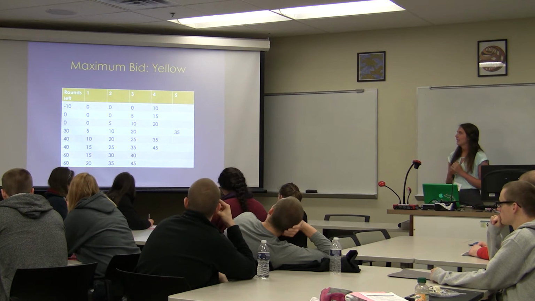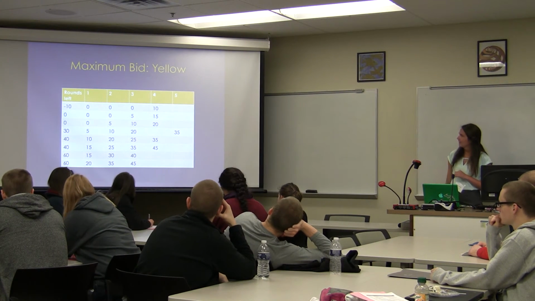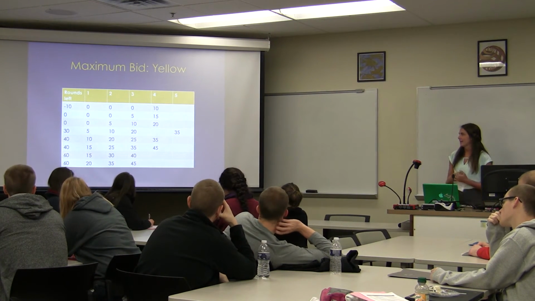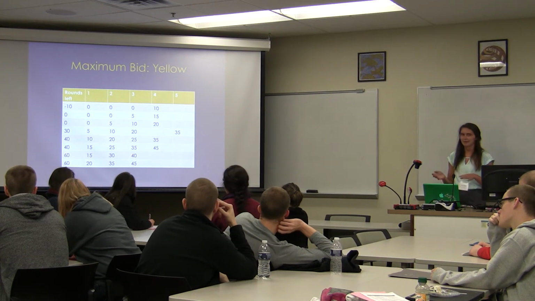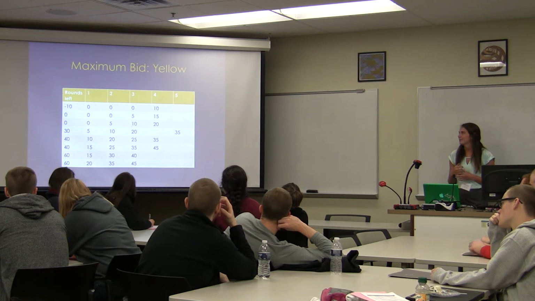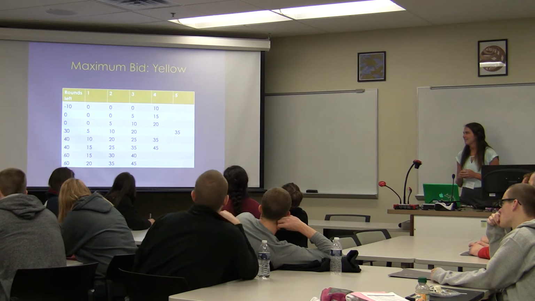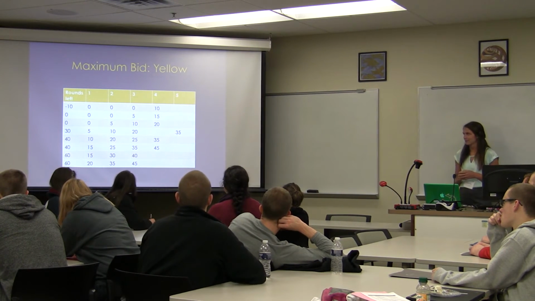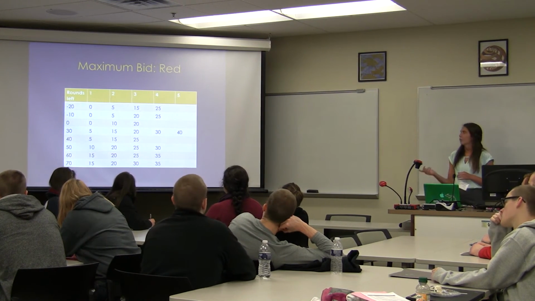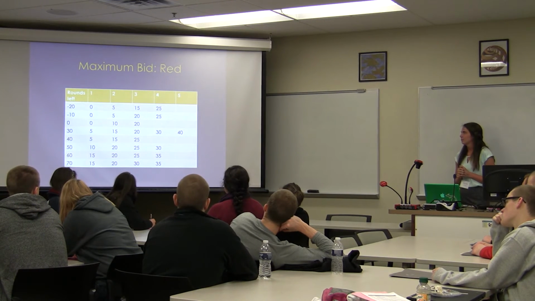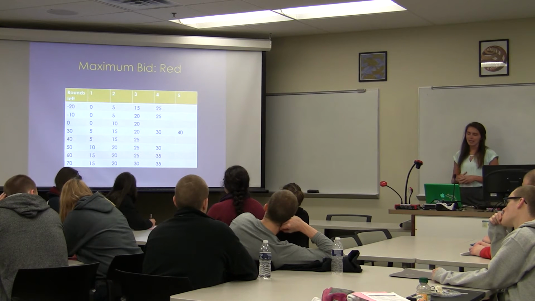And for the yellow, you see there's also a hole at the 30 level, because that space is not available at that time. So yellow is worth one of the least throughout the game. And red is not worth that much either, it's just worth a little bit more than yellow.